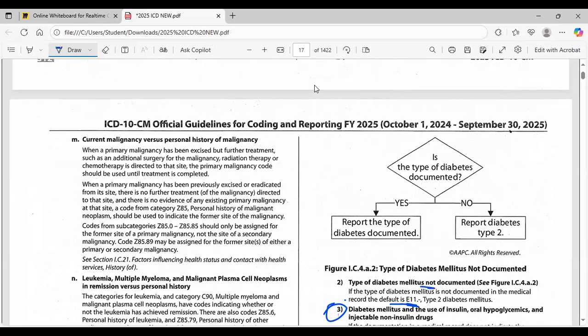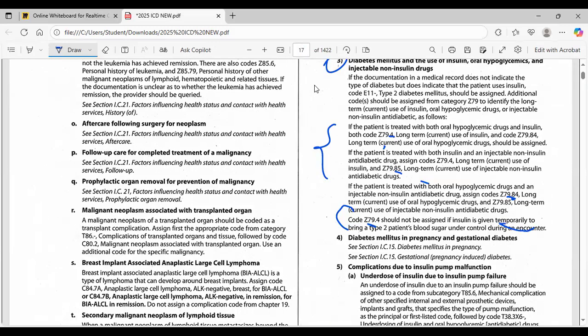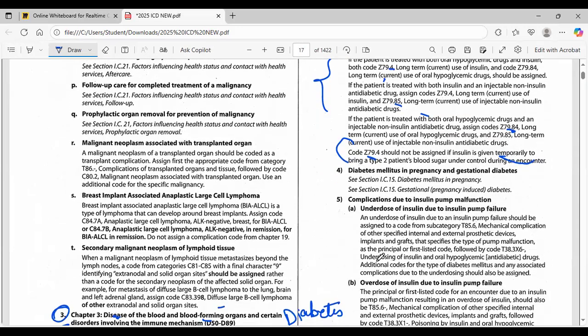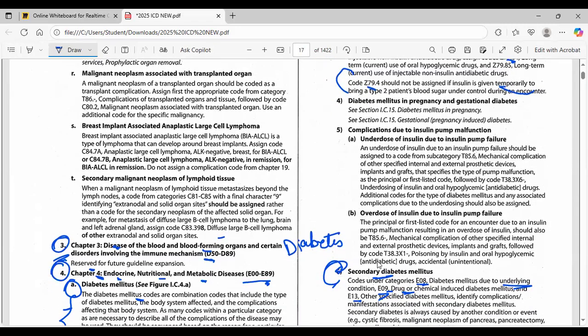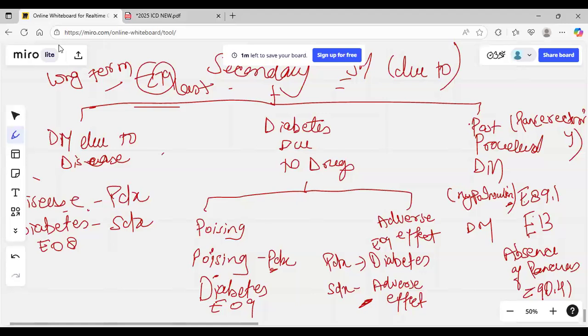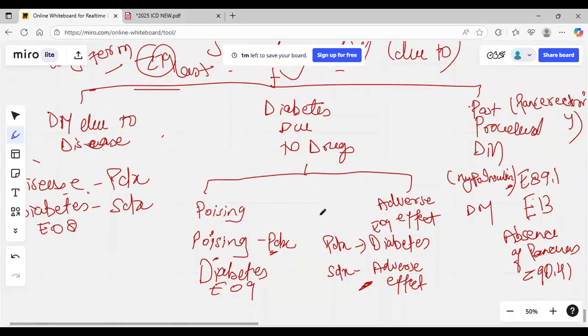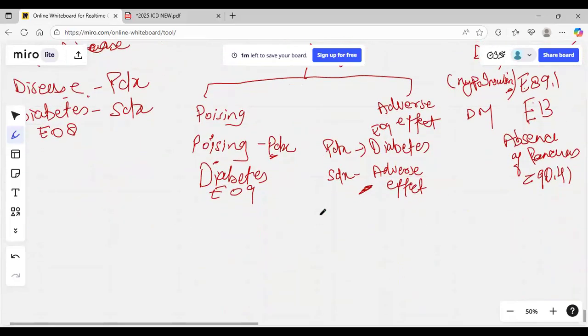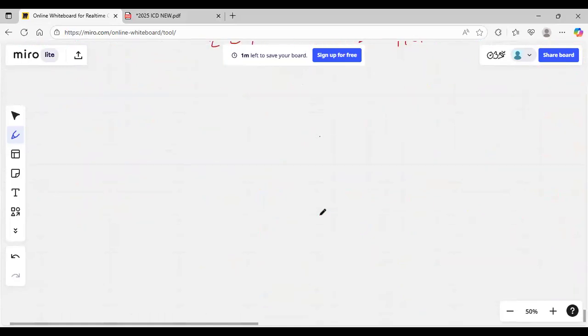Next is complications. Complication due to the insulin pump malfunction. First we have to understand when we have to code the complication.